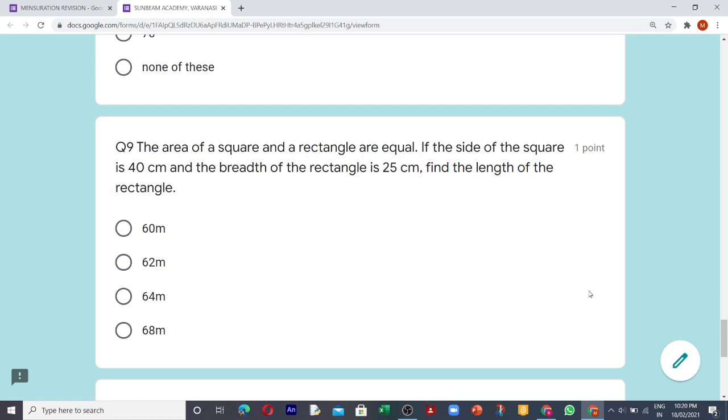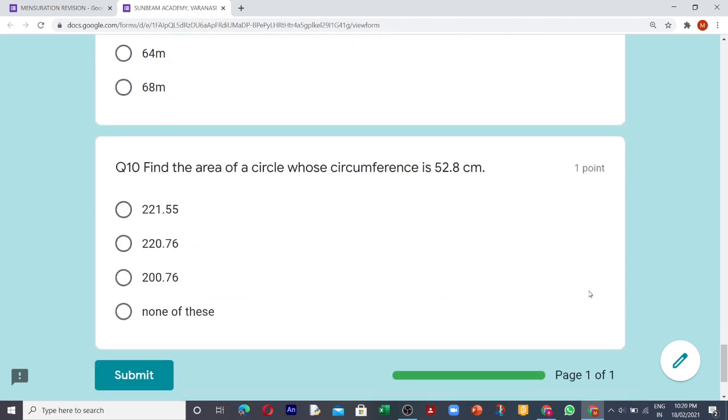Okay. Now let's see the last question. The area of a circle. Find the area of a circle whose circumference is 52.8 centimeter. Find the area of circle, children.